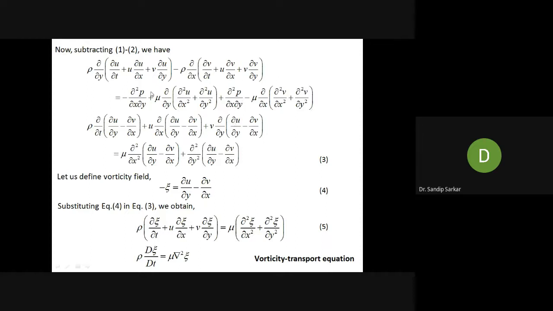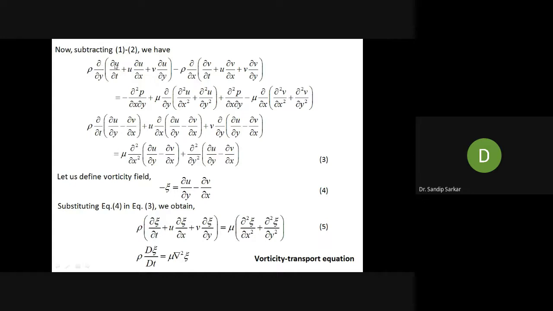So this pressure term cancels out. Now let us take rho del t common. So what will we have? Del u del y minus del v del x, right? Is that clear?